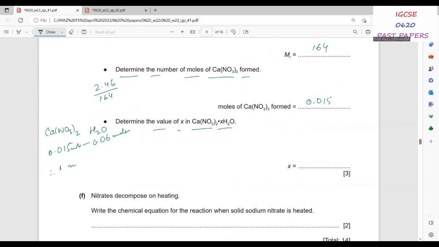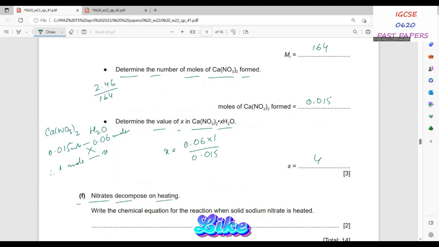Therefore, 1 mole contains X mole of water. We'll do the cross. You get X is equal to 0.06 multiplied by 1 divided by 0.015. So 0.06 divided by 0.015, the answer will be 4. So we'll have 4 as the value of X.